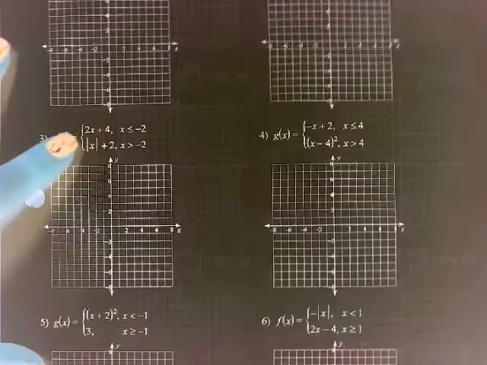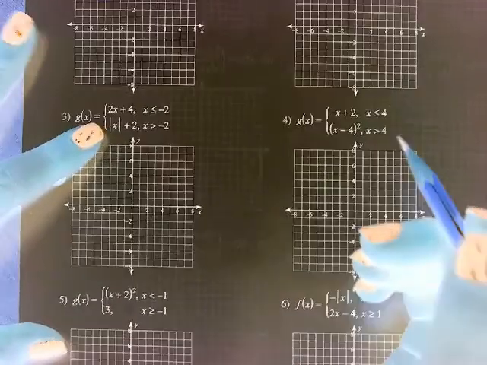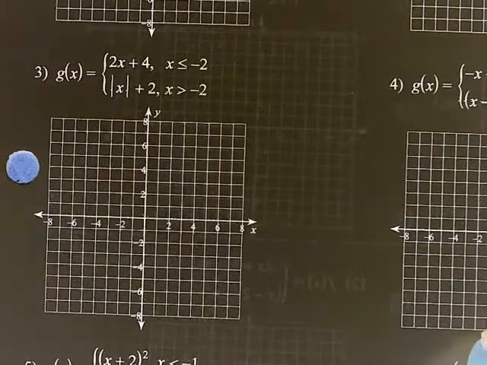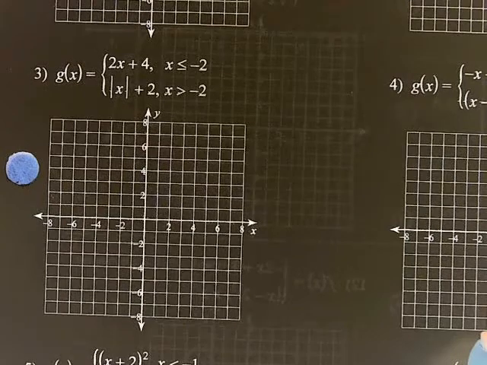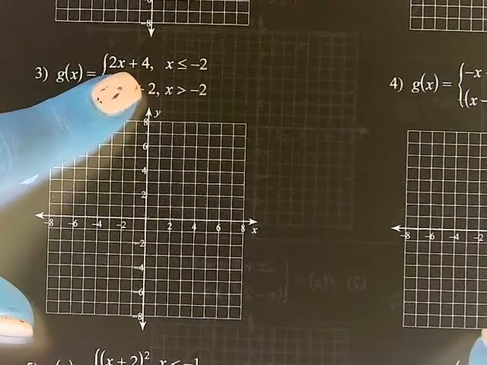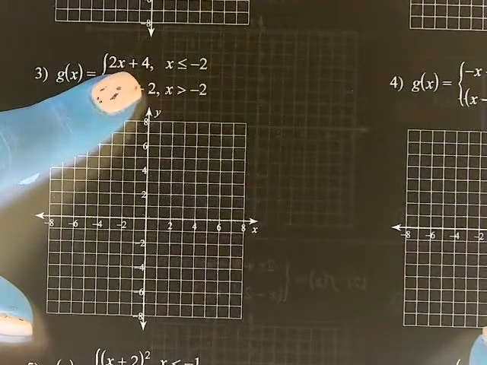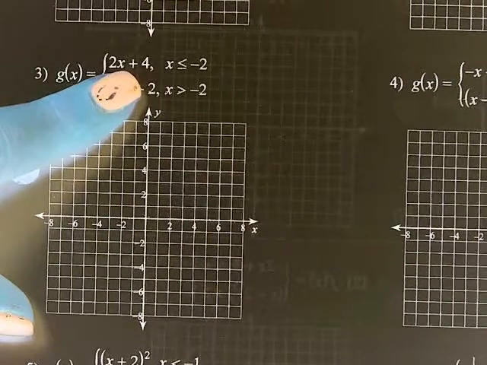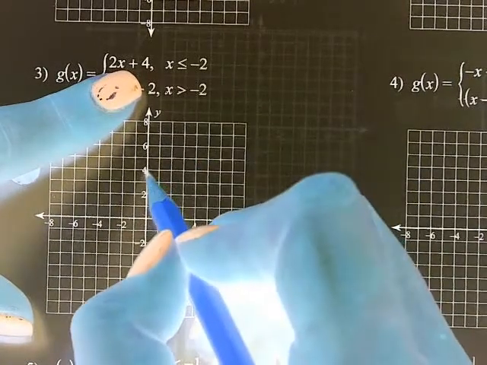3? Okay. So if we do number 3 together, the first thing we have is a straight line, y equals 2x plus 4, right? We have y equals mx plus b, so we have a y-intercept of 4 and a slope of +2. So how do I graph that? I start at 4, and then how do I do the slope?